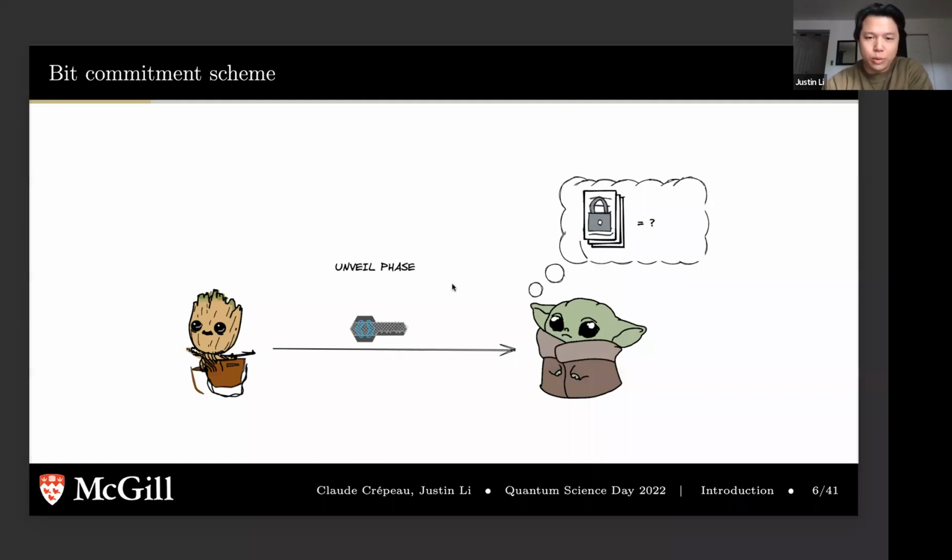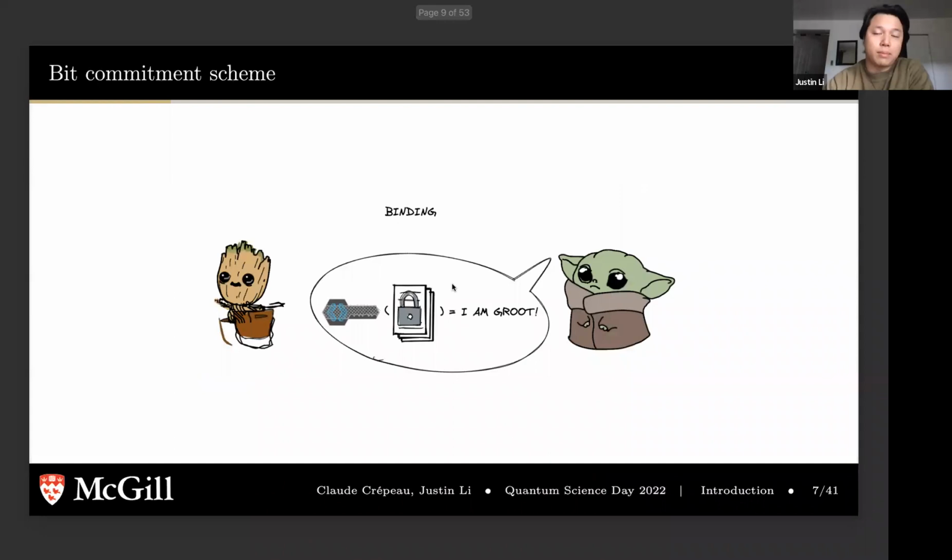Now we reach the second security property of a commitment protocol. It's called binding. What that means is that whatever information the left-hand side party sends to the second party, the second party can only compute and get the original message.